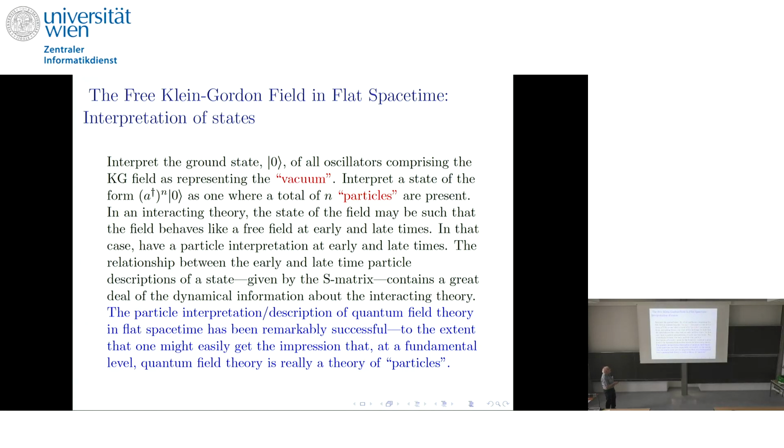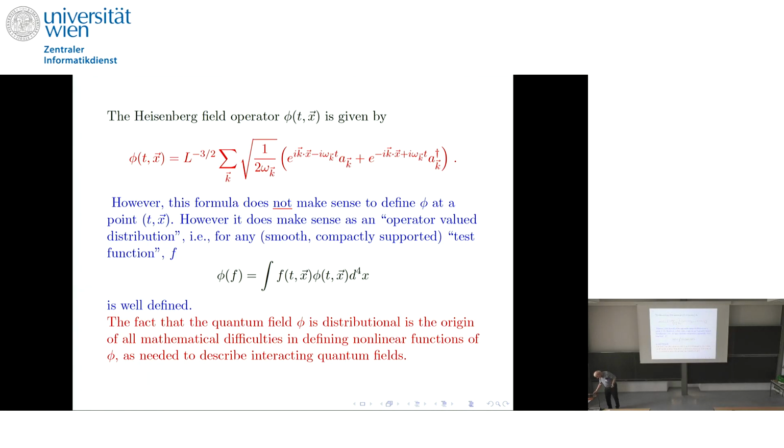So there are funny words that are put on these harmonic oscillator kind of states when you're talking about quantum field theory. Well, there's still a ground state of all of the oscillators simultaneously.